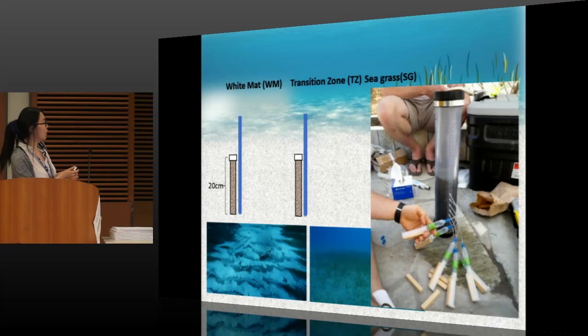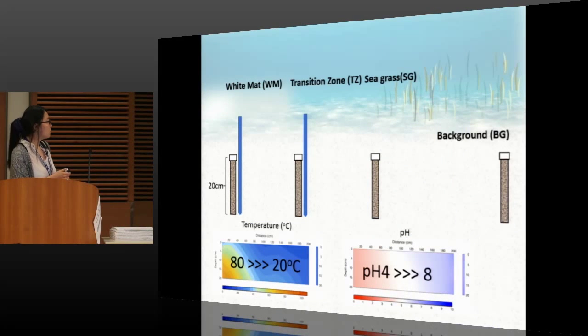This is how we collect the sediment core under the water. We bring the sediment core to a boat and use a rhizon. Every 2 centimeters, we drill a hole, put the rhizon inside, and collect all the pore fluid. Those pore fluid samples we use for the geochemical data analysis, and the temperature and the pH were measured in the field.